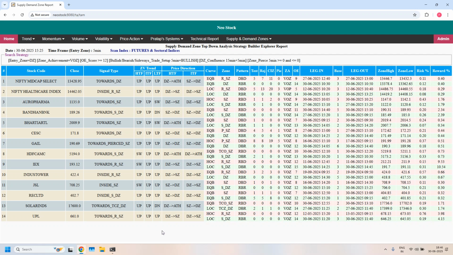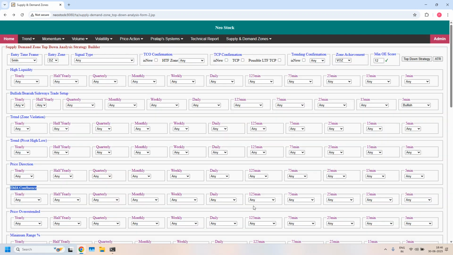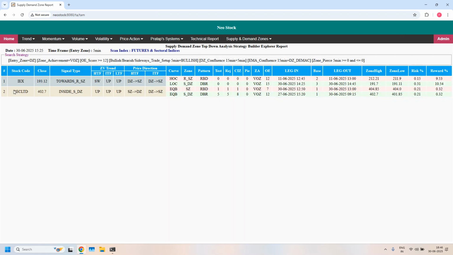We can further filter if any 15 minutes demand zone having daily EMA confluence. So 2 stocks are filtered. That way these two 5 minutes demand zones might be having better order flows. So this one is already tested 5 times.